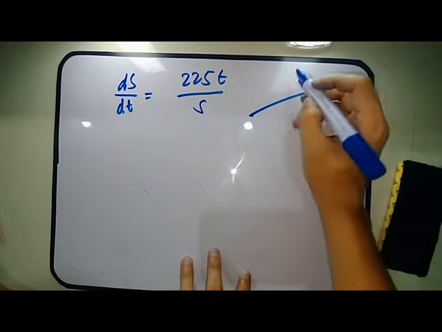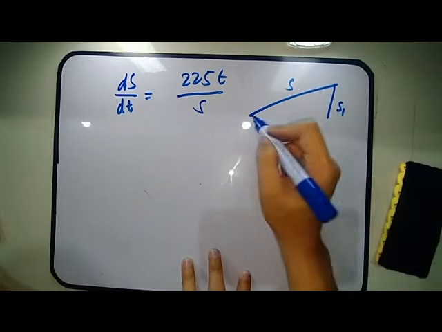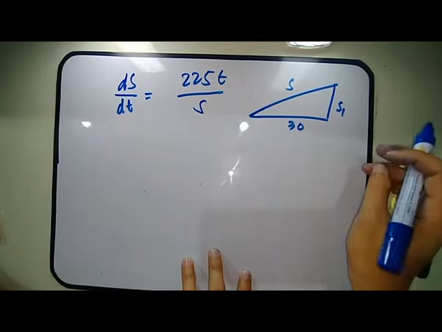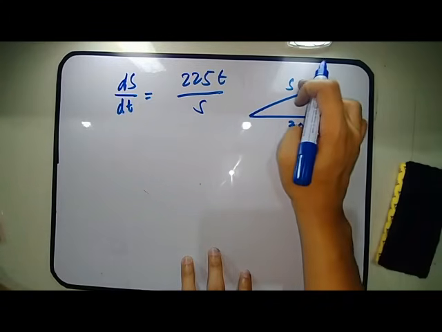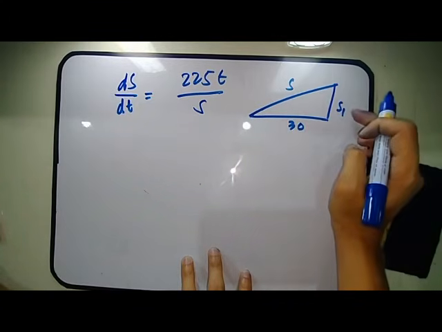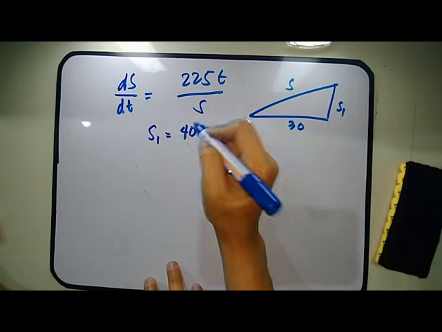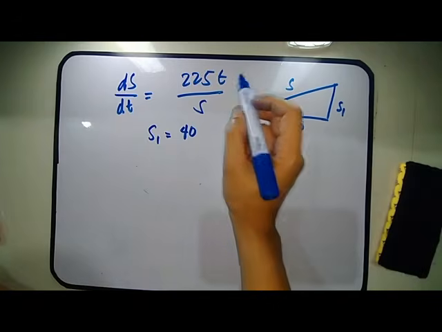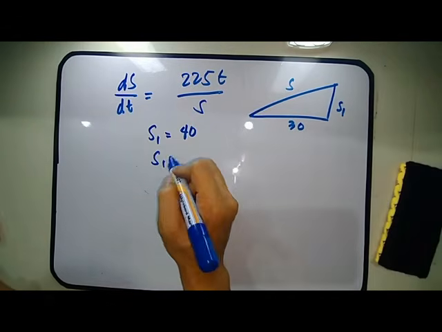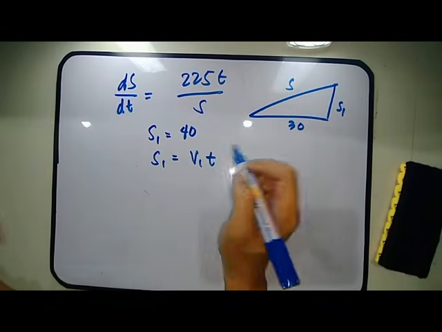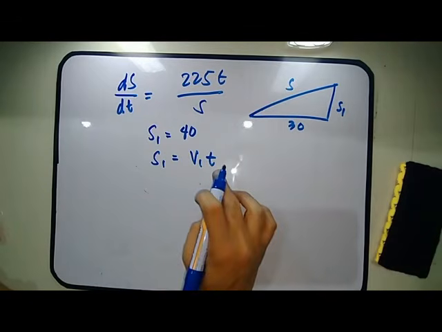We're required to find the distance S. So this is S, this is S1, this is 30. We need to find the differential of S with respect to time if S1 is 40 feet. So what is the time wherein S1 is 40 feet? S1 is equal to V1 times T, that is velocity times time.